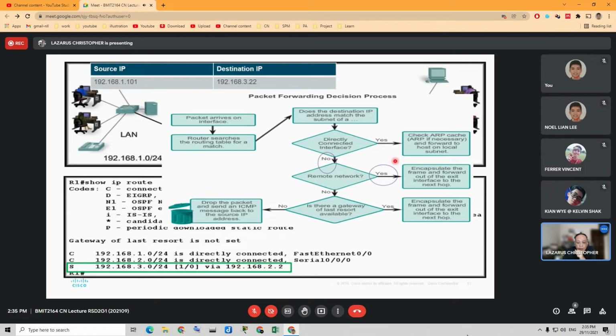And then from there the router can match that one, and it can match which interface. So this process will execute: encapsulate the frame and forward it out the exit interface to the next hop. Exit interface for this one.